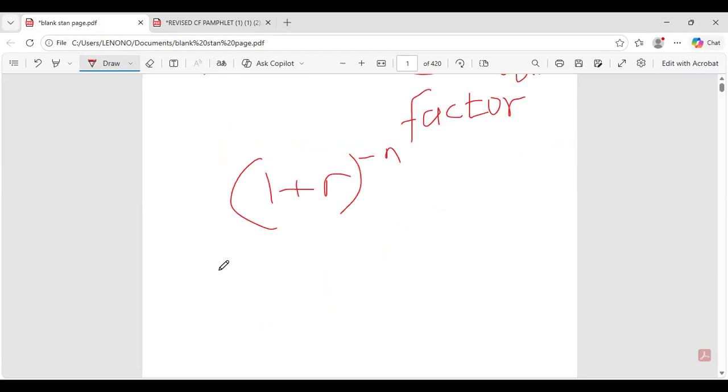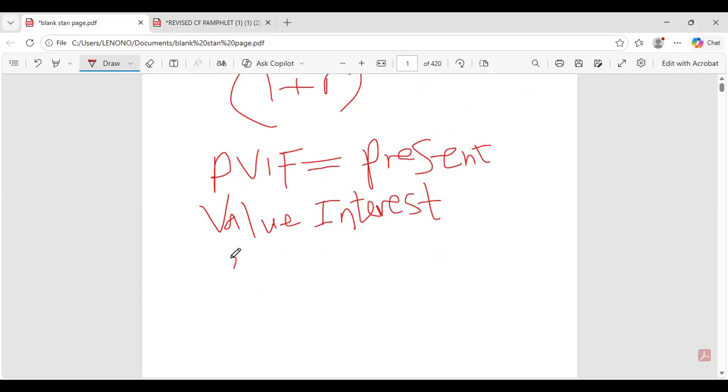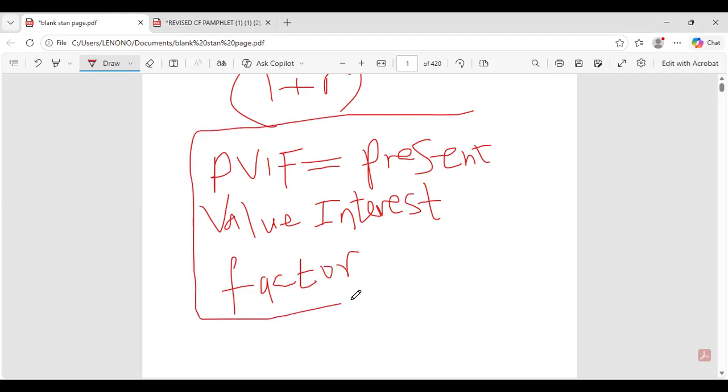This one is also called the present value interest factor, or present value factor. Okay, so this is what goes on.